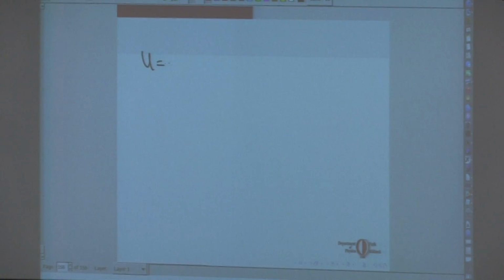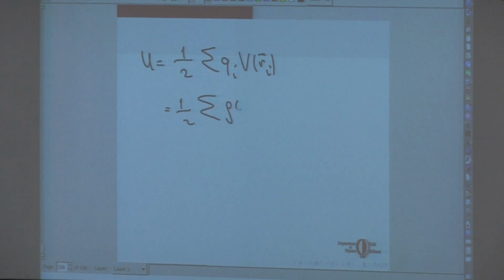Again, U, the definition was the sum of q_i V(r_i). This is for point charges. 1 over 2. Well, the charge of each one of these very small volumes is nothing but rho of r times d cubed r. This is my volume element. I'm summing over all r, and this is nothing but my integral.